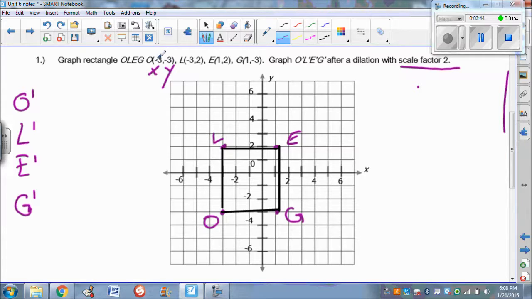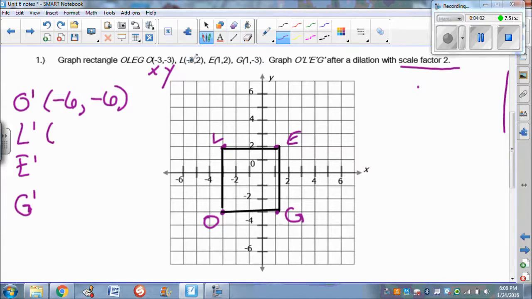What is negative 3 times 2? Hopefully you're saying negative 6. I just multiplied the x. Now I'm going to go back and multiply the y, negative 3 times 2. So O prime is negative 6, 6.